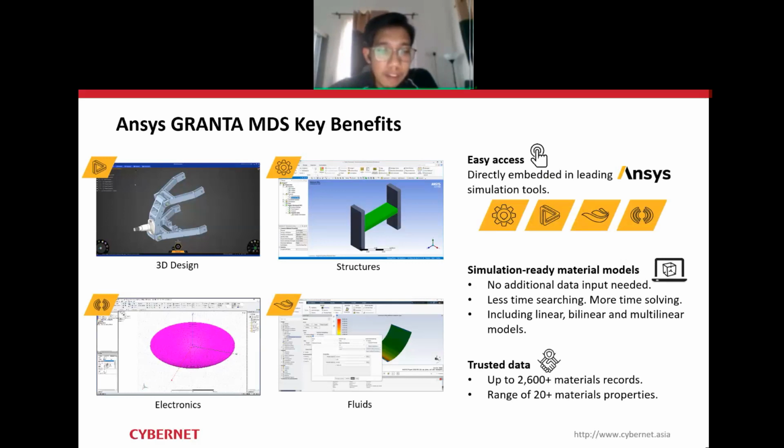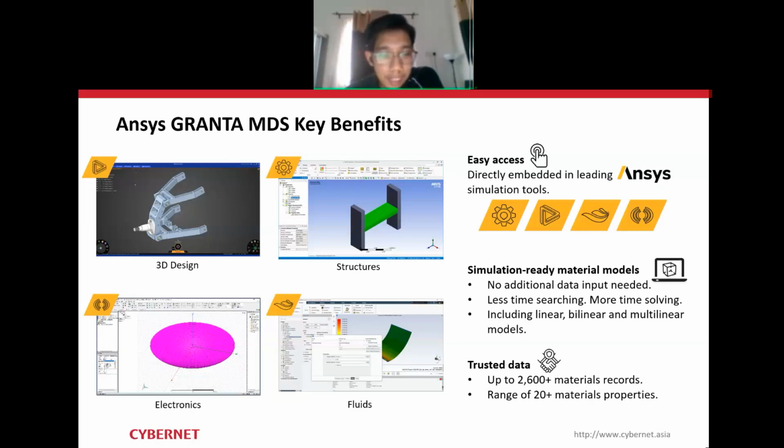Essentially, the benefits of Ansys Granta can be broken into three. First, you have the accessibility of the Granta MDS, which is embedded in the Ansys simulation tools. You can find it inside Ansys structures, Ansys electronics, or even Ansys fluids. It means engineers have access to the right material in a few clicks.